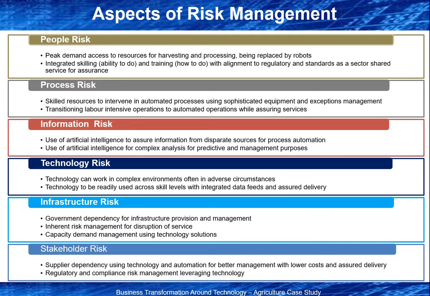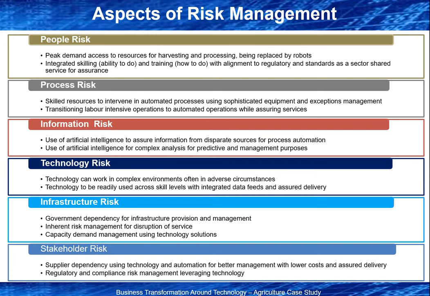People risk. For agriculture, there is often a peak in demands for labor, especially skilled labor, tied to the production cycle. With increasing automation, the overall labor demand changes, but the peak in skilled labor often remains.